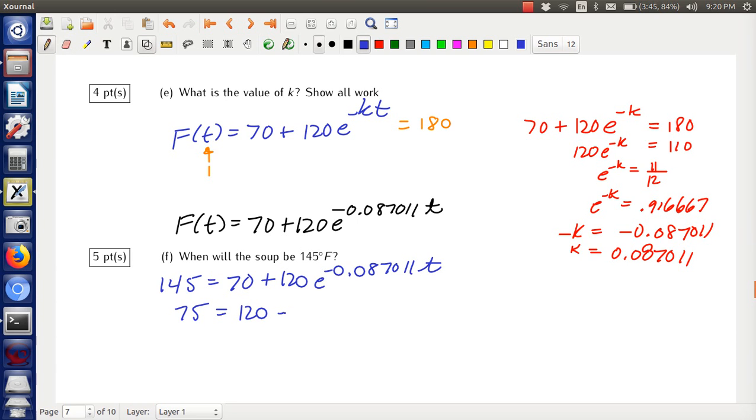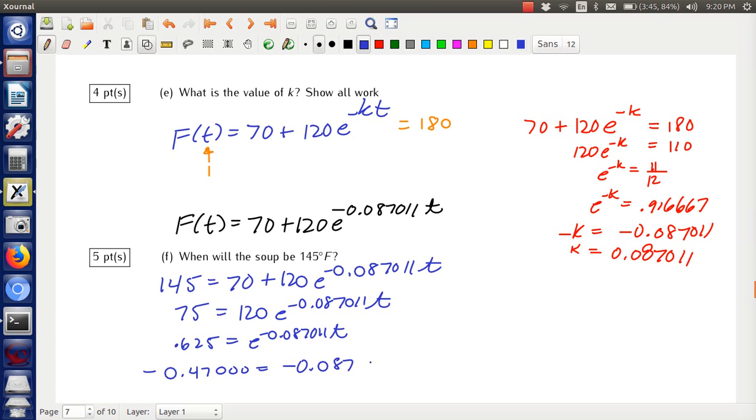So we're going to do something like this, divide by 120, and then we're going to take the natural log of both sides, and then we divide out to find t, and we get t is 5.402 minutes.